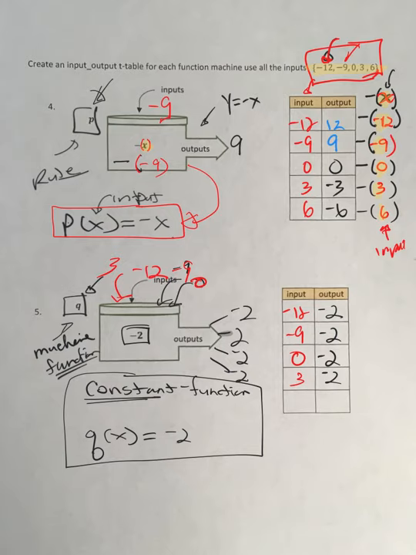And 6 is going to go into the machine, and negative 2 is going to come out. Again, do you see that? Do you get that there's no x? So the fact that there's no x means negative 2 is constantly coming out no matter what, because there is no x. And this is a constant function.